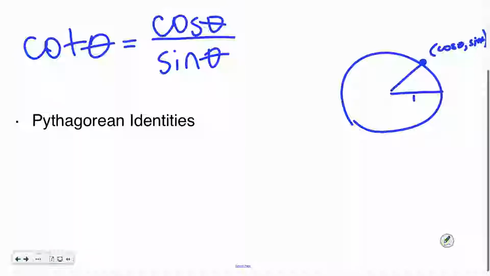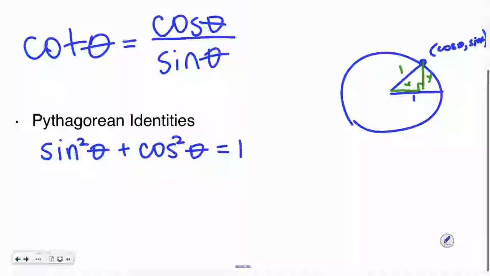Well, if we make this a right triangle, we know that our radius is 1, this is x, this is y. If we use the Pythagorean theorem, x squared plus y squared equals 1, we could write sine squared plus cosine squared equals 1.